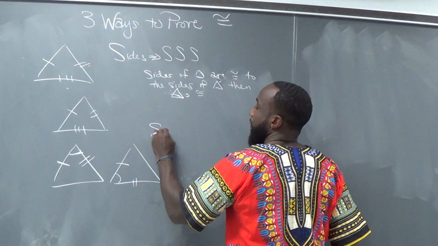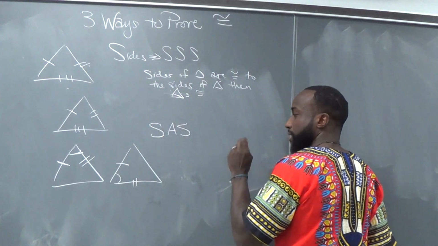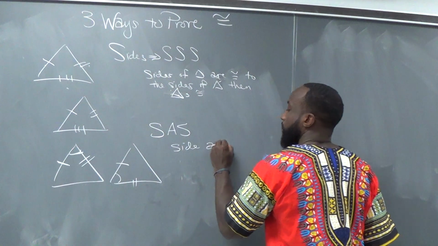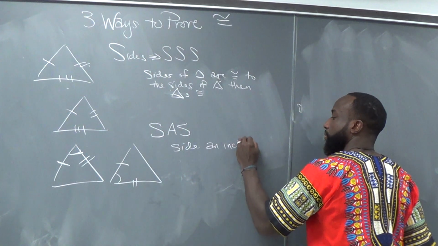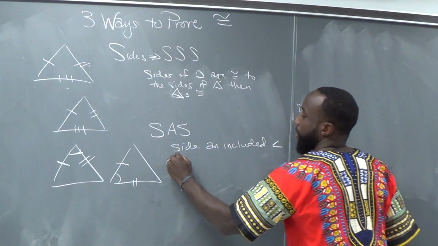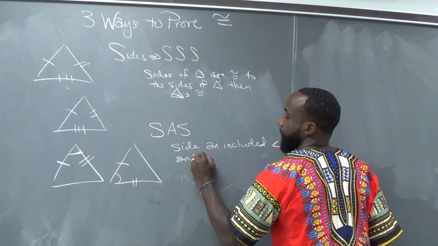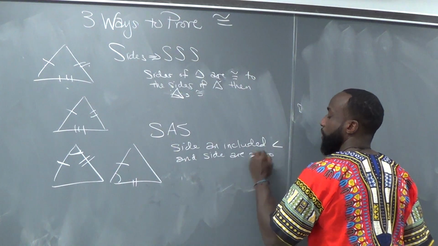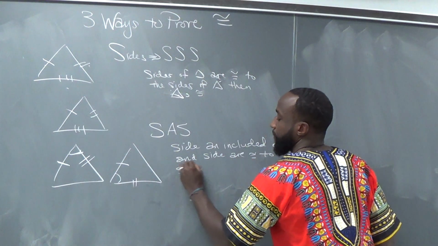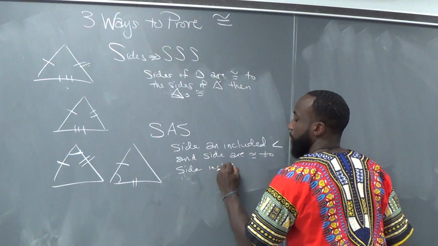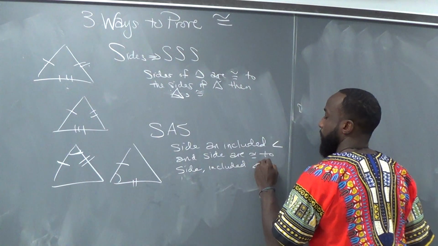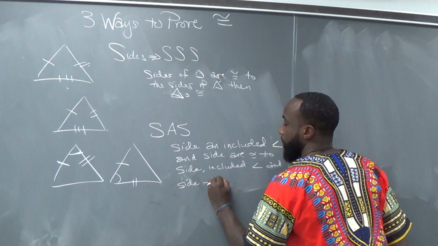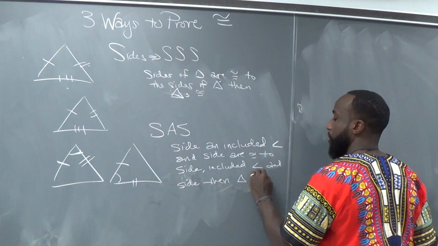This means that if a side, an included angle, and a side are congruent to a side, included angle, and a side, then the triangles are congruent.